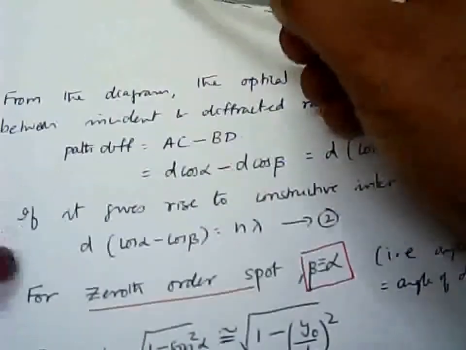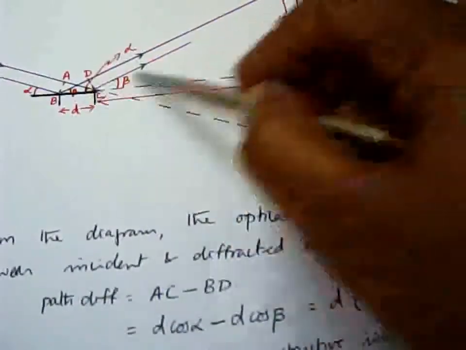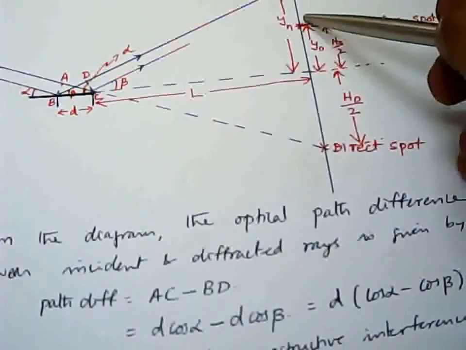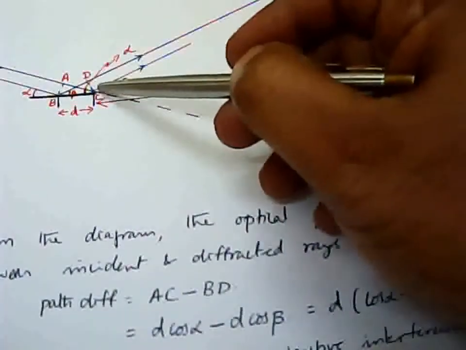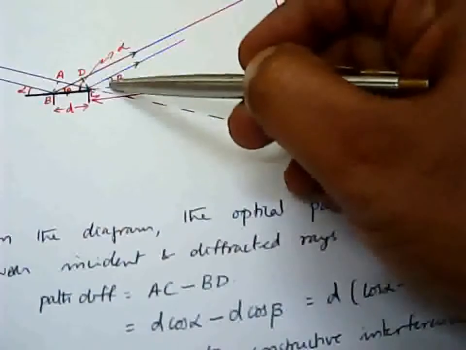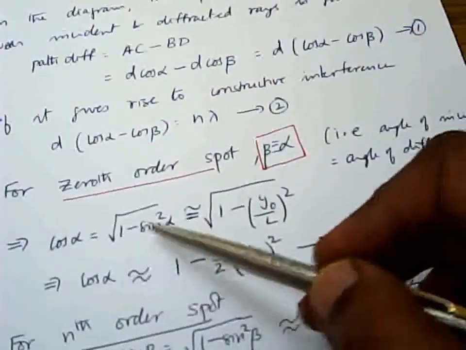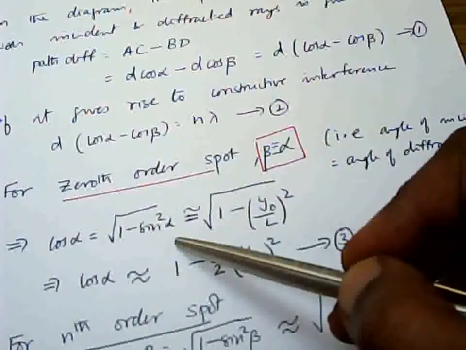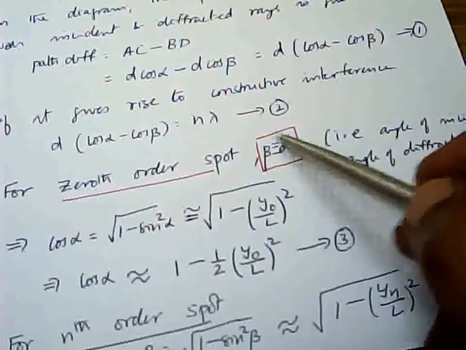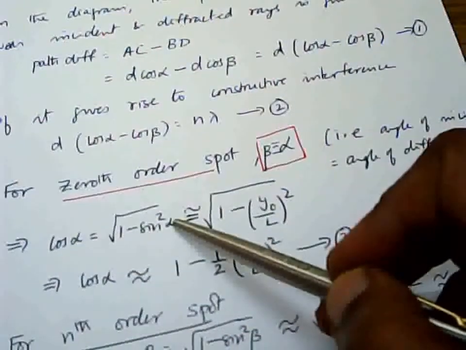So from the diagram, if this is a zeroth order position and it is at a height of y naught, then cos beta is basically this angle, is nothing but square root of 1 minus sine squared beta, and since beta is same as alpha, wherever beta was there, I have written it as alpha.